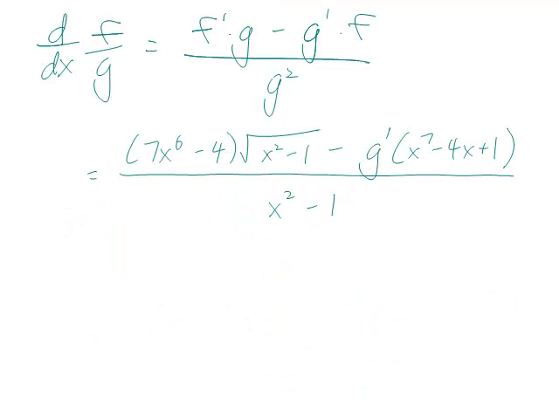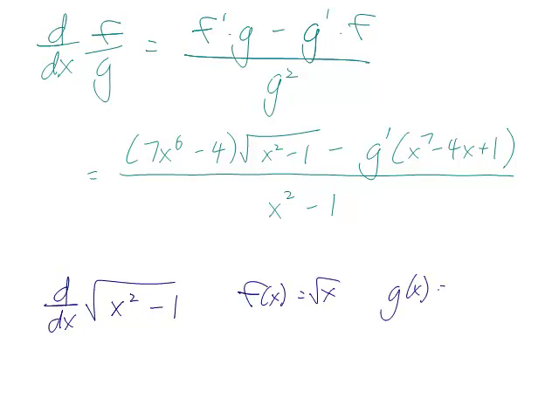Now we have to find g prime, and remember that g was the square root of x^2 minus 1. So to do this, we need the chain rule, with f being the square root and g being what's inside the square root, x^2 minus 1. F prime then is 1 over 2 root x.